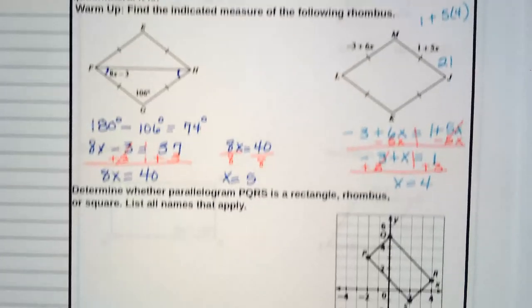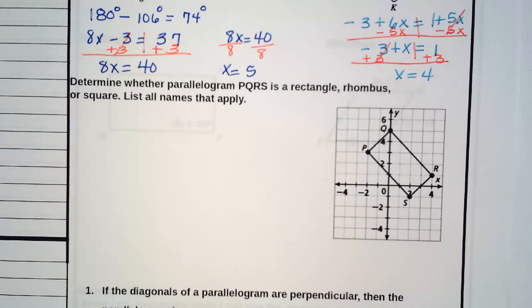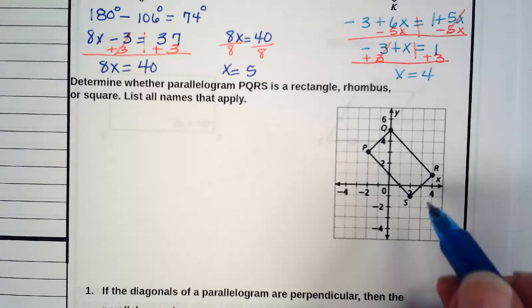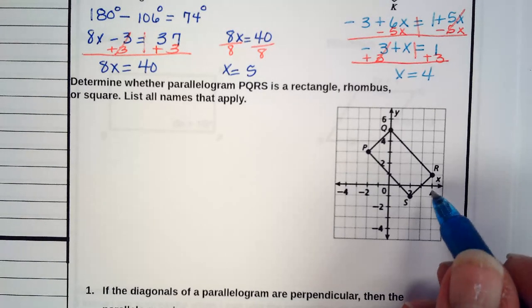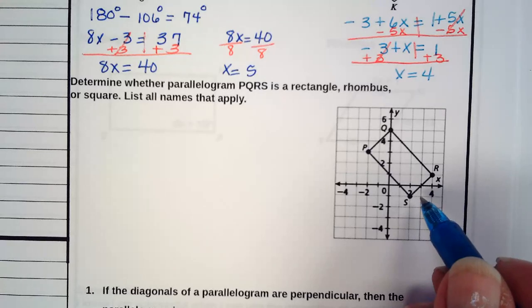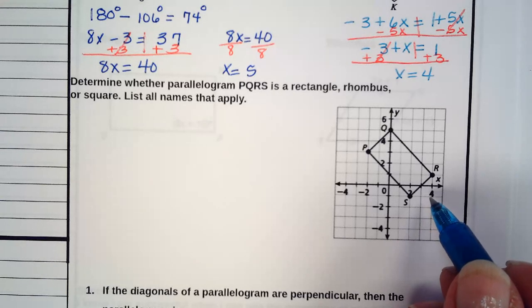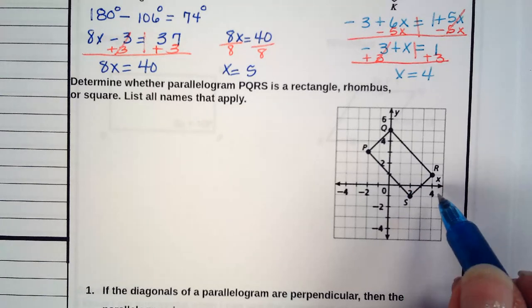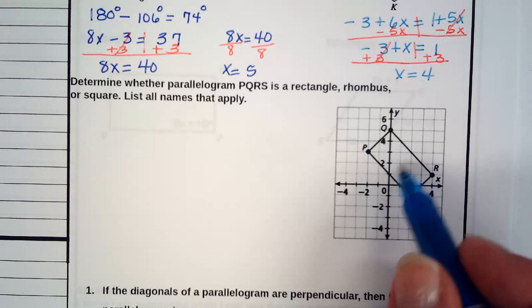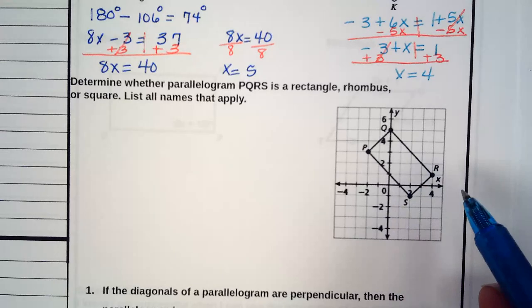Okay, what happens though if we're on a Cartesian plane? We can't, especially if it is not running straight horizontally or straight vertically, look at it and determine, without doing some math, whether or not it is a rectangle, rhombus, or square. So to be a rectangle, it tells us it's a parallelogram, so we know that opposite sides are parallel and congruent.